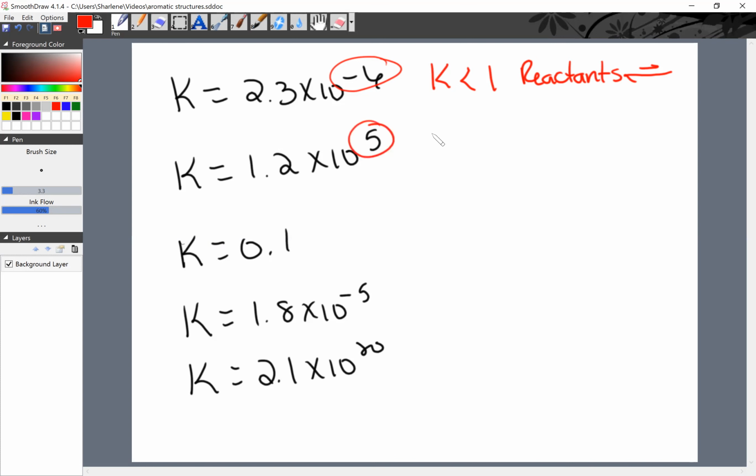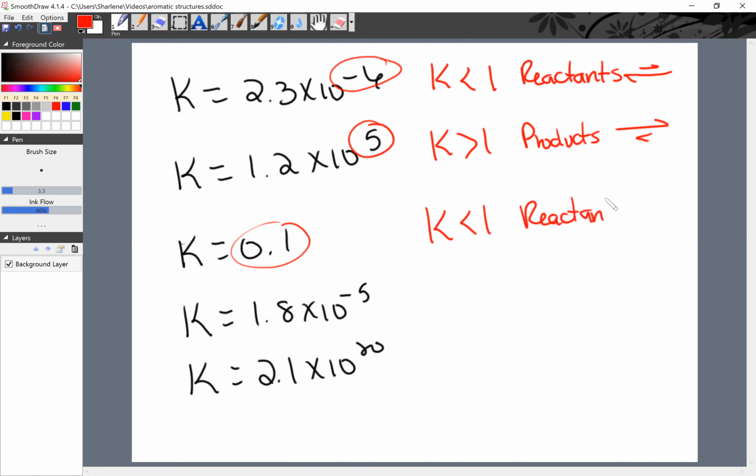This one, K is greater than 1. And in fact, those two, it's much smaller and much greater. So this one, products are favored. Ooh, this one's close. That one is close, but technically it is still less than 1. So reactants are favored, but it's awfully close to being equal.